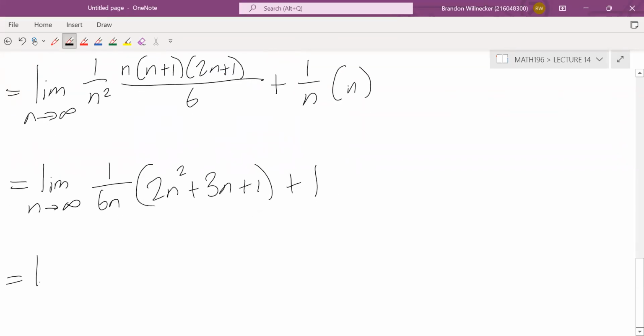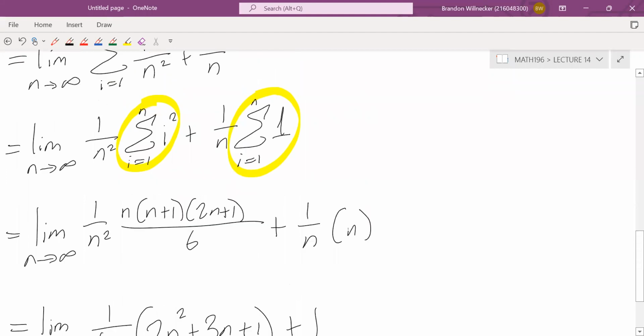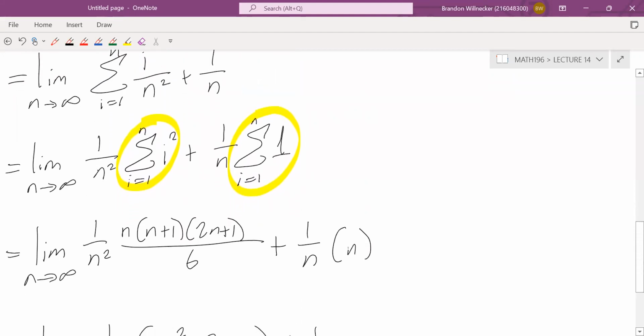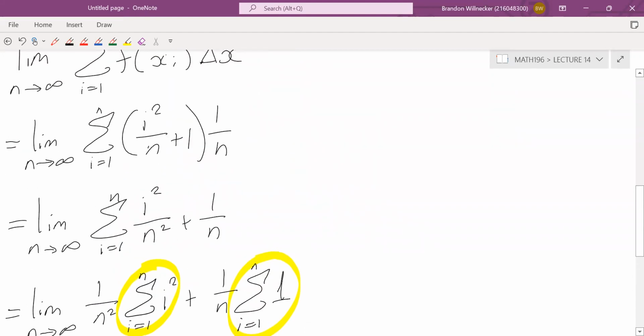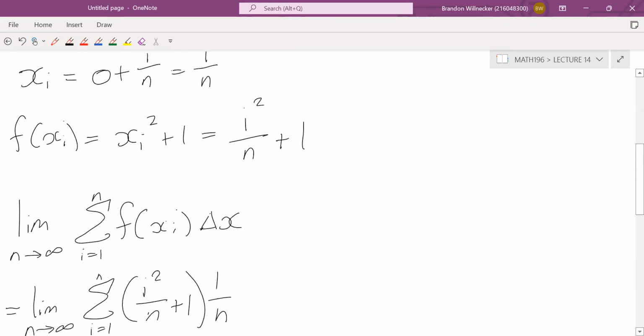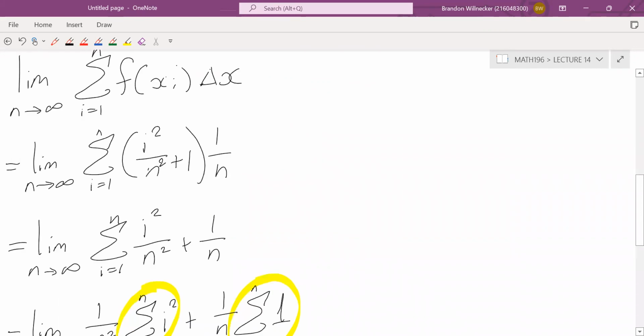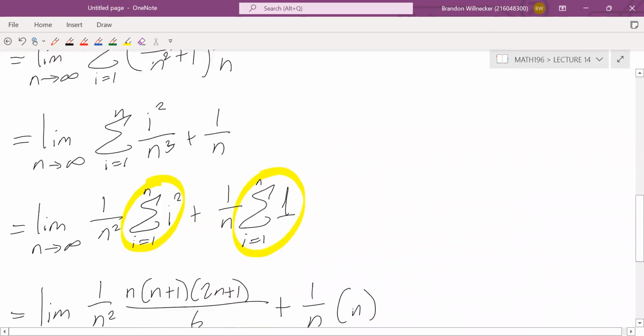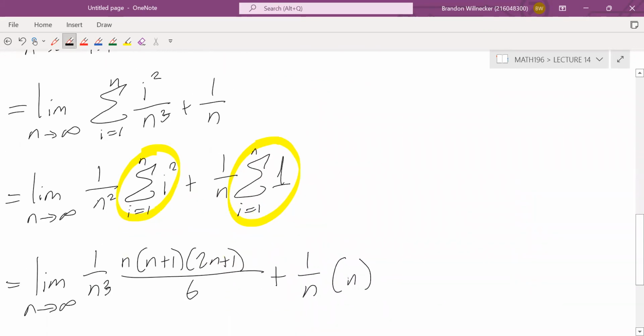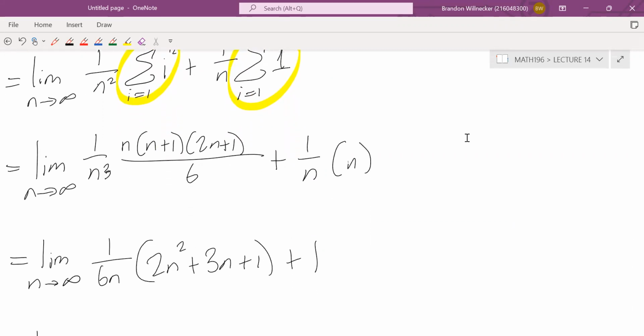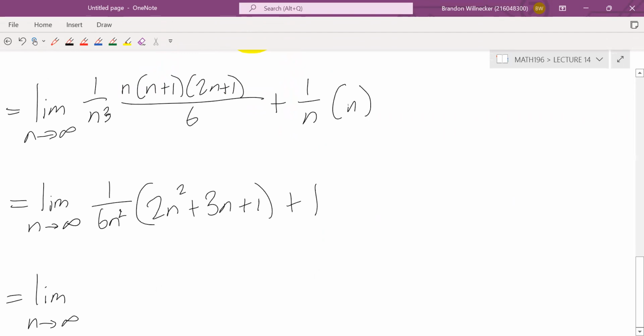Sorry, did I make a mistake somewhere here? Oh, sorry, I forgot the cube here. I forgot there's an extra n at the bottom. Okay, so that's an n squared.